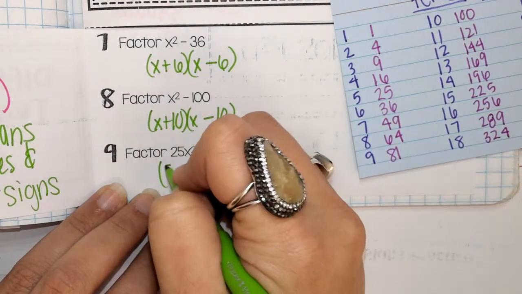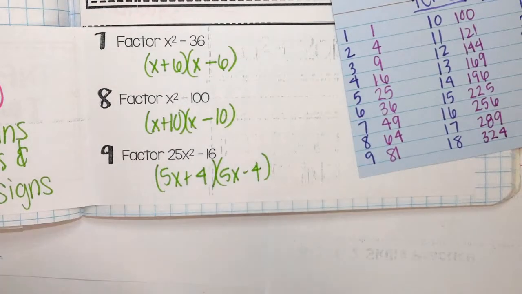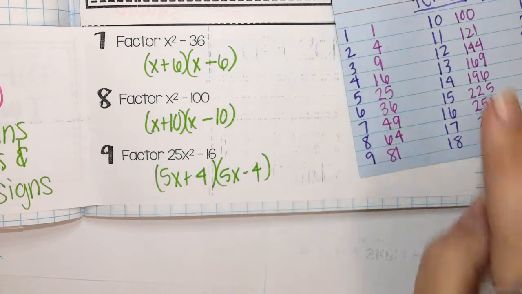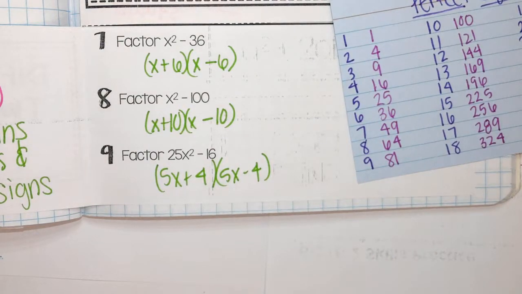We got 5x plus 4 and 5x minus 4. How many of us got it right? Take a point if 2 people at your table got it right. Good job. Dang it, Henry. What's the square root of 16? Say you don't get it. You do or don't? Okay.